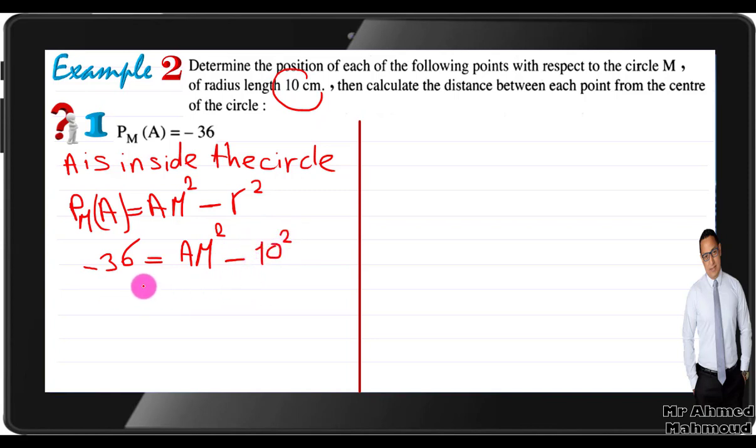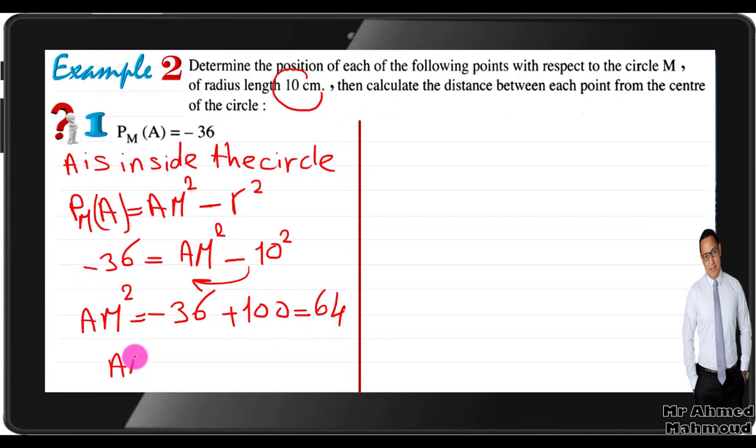Now I'm going to send this one to the other side with a positive value, so AM power of 2 equals negative 36 plus 100, which equals 64. So AM equals root 64, which equals 8 centimeters.